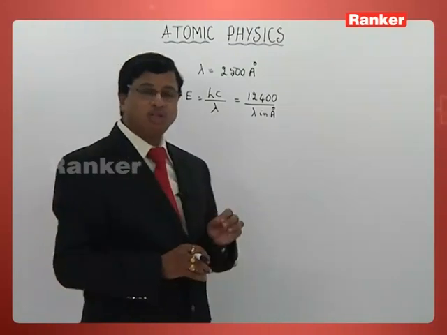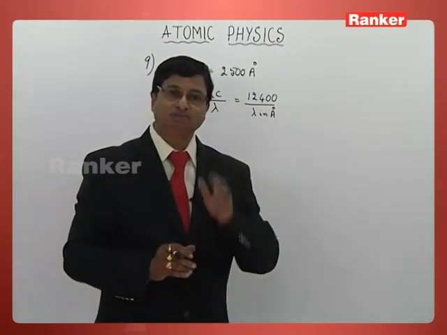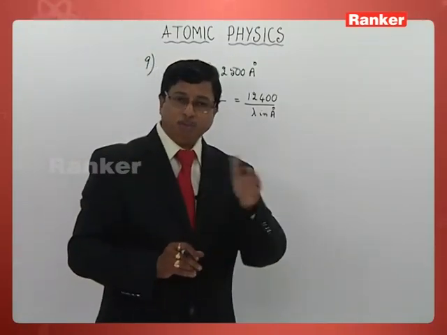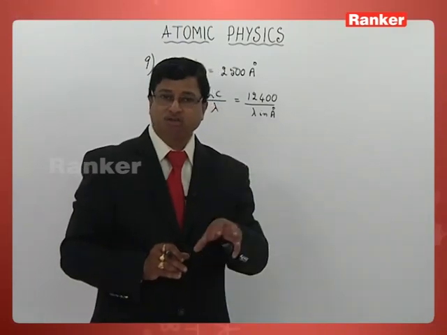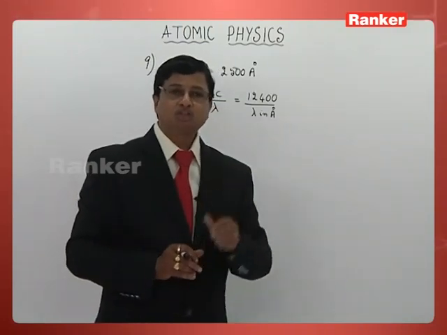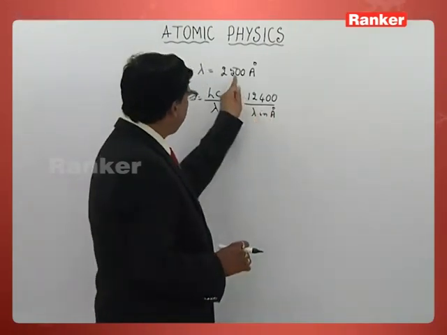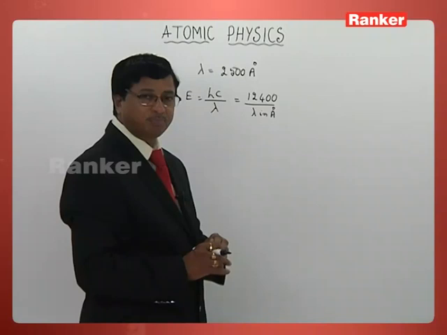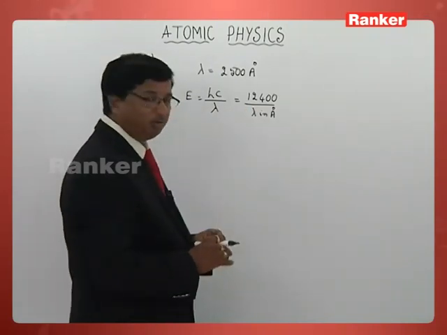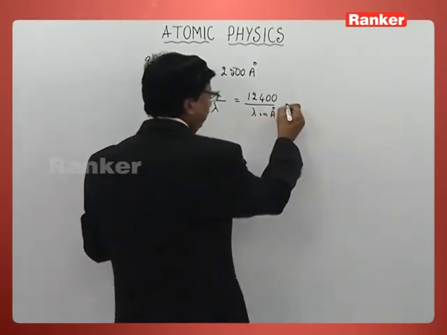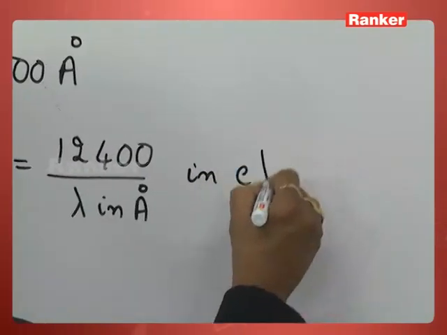It is actually 12,412. But we used to approximately write the numerator value as 12,400 divided by lambda taken as it is in angstrom units. Then you will get energy in electron volts.